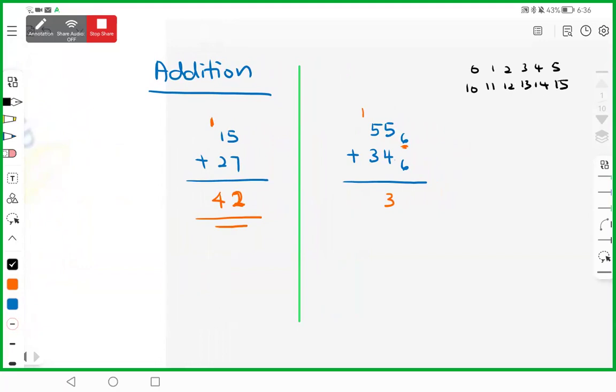So 5 plus 4, supposedly is 9. 5 plus another 4 digits: 1, 2, 3, 4. So it should be 13 because now it's in base 6. We cannot count 6, 7, 8, 9, 10. No. After 5, it will be 10, 11, 12, 13.